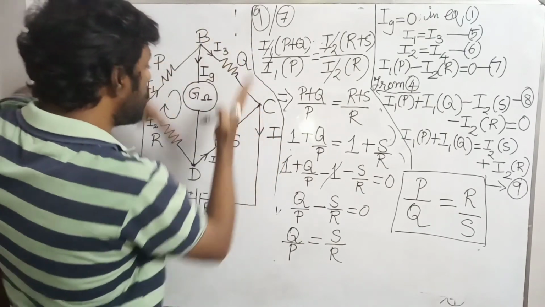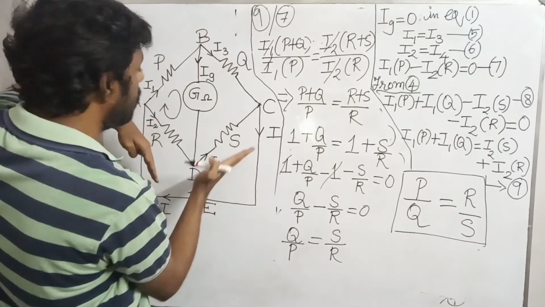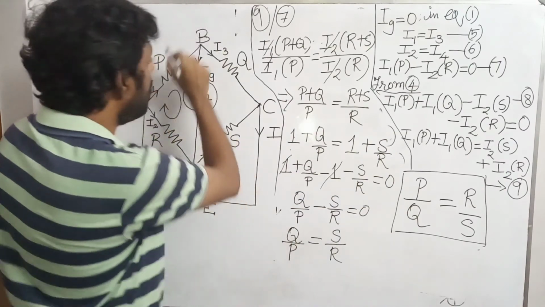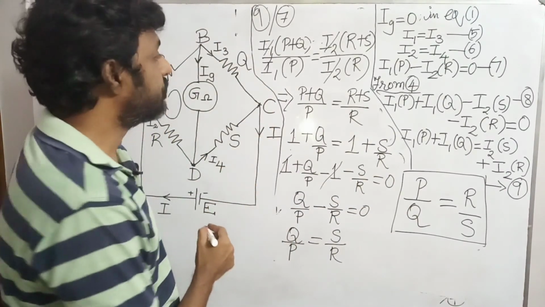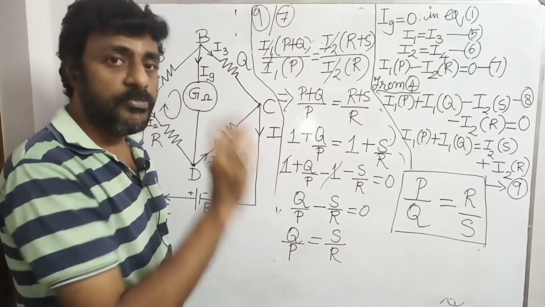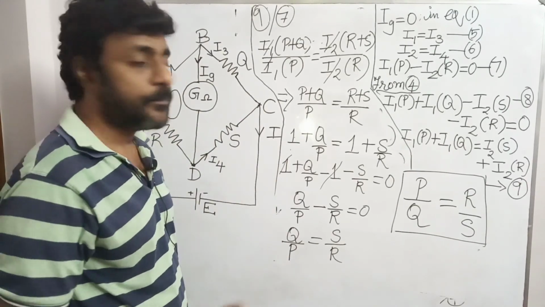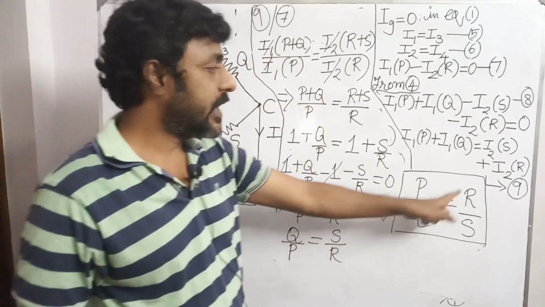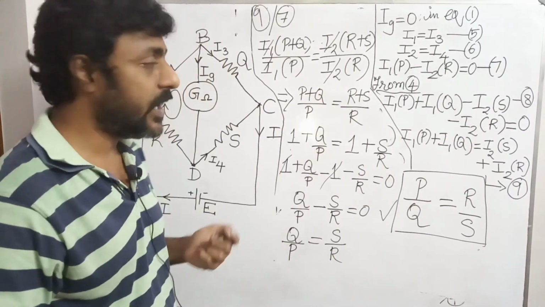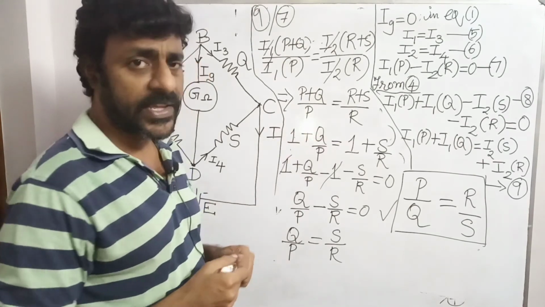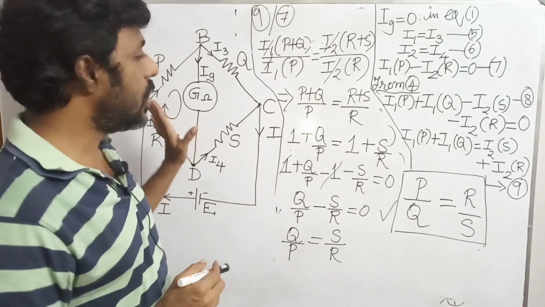If these ratios are equal, P by Q is equal to R by S, I would say that this Wheatstone bridge is balanced. So this is called a balanced Wheatstone bridge, right? This is the expression, and this is very important. You should understand. This derivation is very important. They might ask you in your board examinations, right? This is all about it.